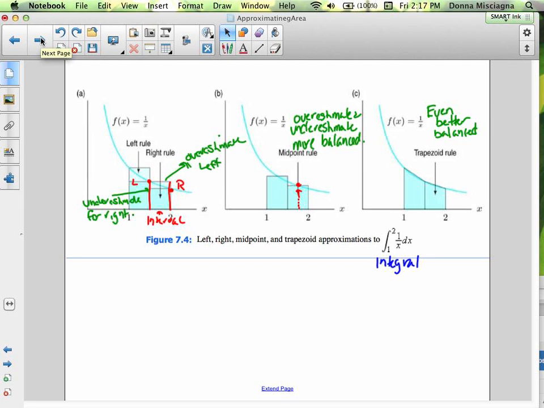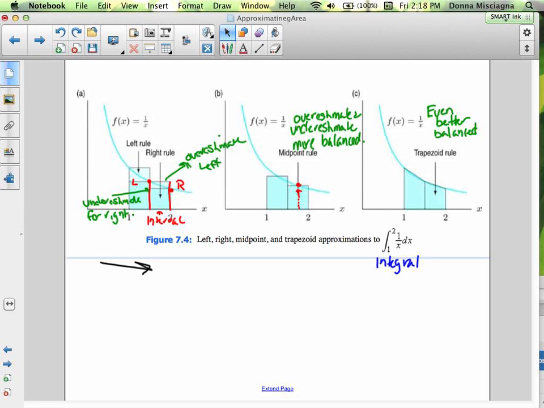All right, so let's take a look at left, right, midpoint, and trapezoid rule. So in the picture on the left, we have the right-hand rule and the left-hand rule. So notice, let me make a little arrow here so I can point.